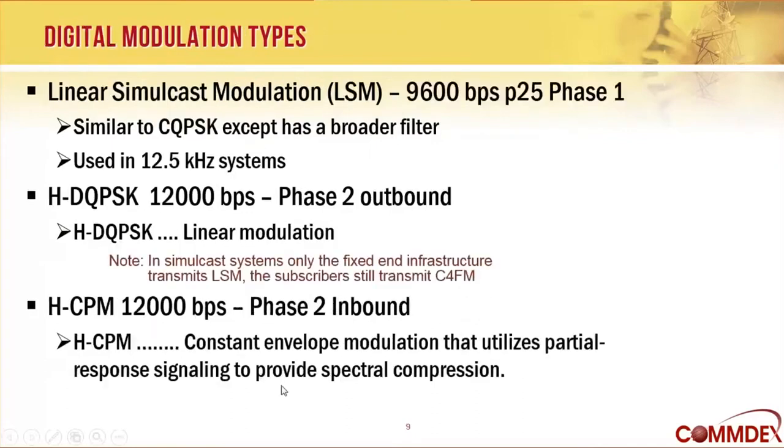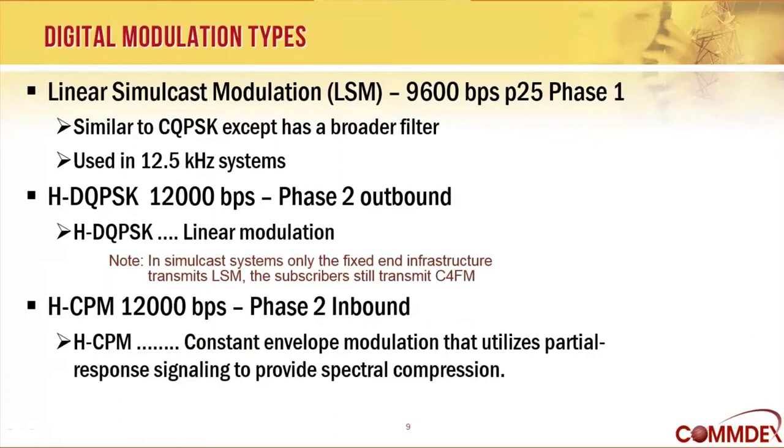So let's talk a little bit, not a lot, about some of the other digital modulations out there. We talked about simulcast in the very first module today, and we talked about site separation, and linear simulcast modulation is a type of quadrature phase shift keying that has a broader bandwidth.